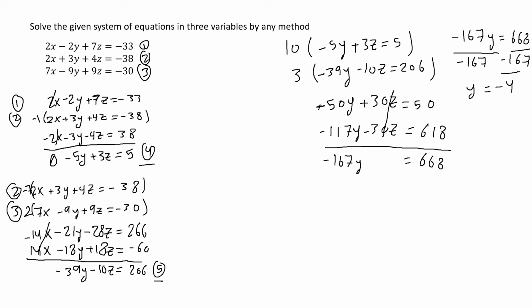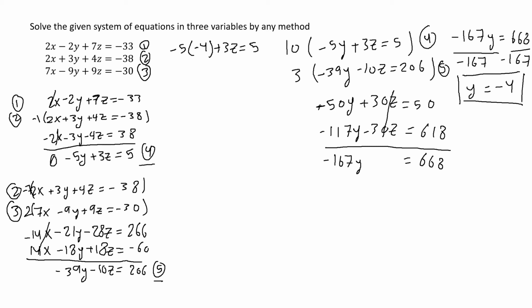So now we found one of the values of the variables. We can go backwards in the equations to find z and x. We can use, for example, equation 4 or equation 5. I can use equation 4 to find what z is equal to. So negative 5 times negative 4 plus 3z is equal to 5.